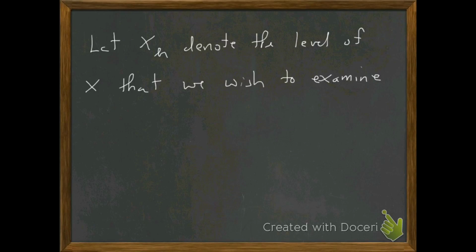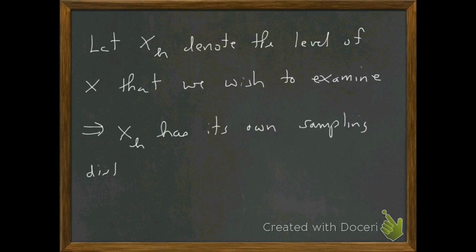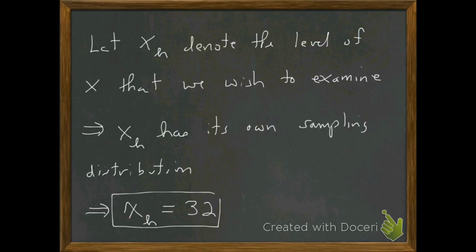And the result of this, our x sub h has its own sampling distribution. It's to be expected, right? So in our situation, we're going to examine x sub h as an ACT of 32.